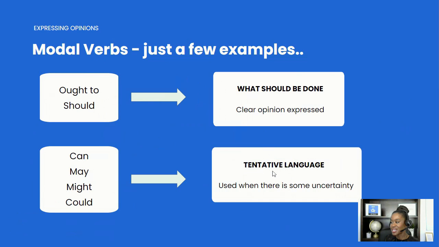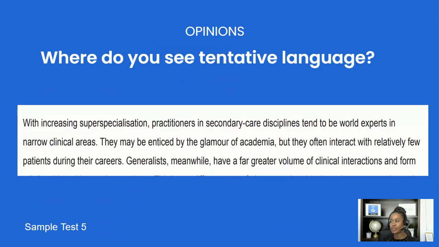And again, you can see tentative language being used here with the words can, may, might, could. So look out for these sorts of words when you're trying to see when the writer's expressing their opinion.